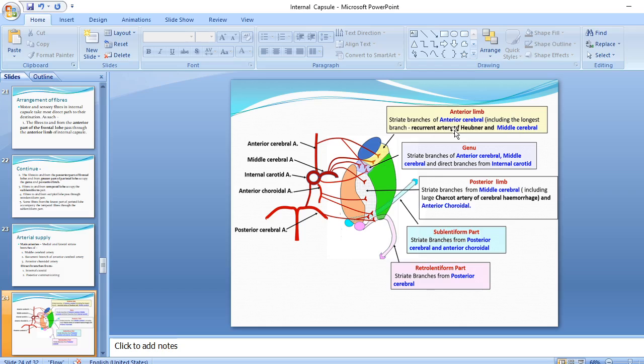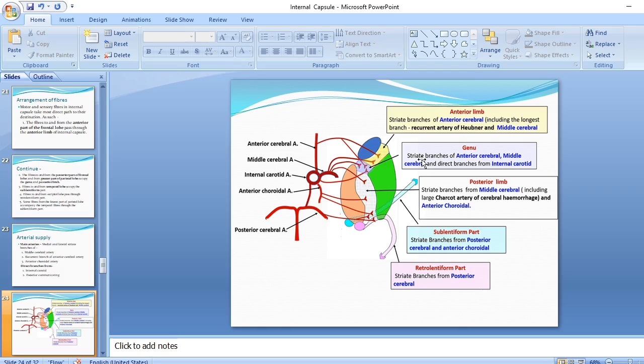This recurrent artery of Heubner is very important because it is often involved in the cerebrovascular accident. Here you can see the branches from the middle cerebral artery going to the anterior limb.